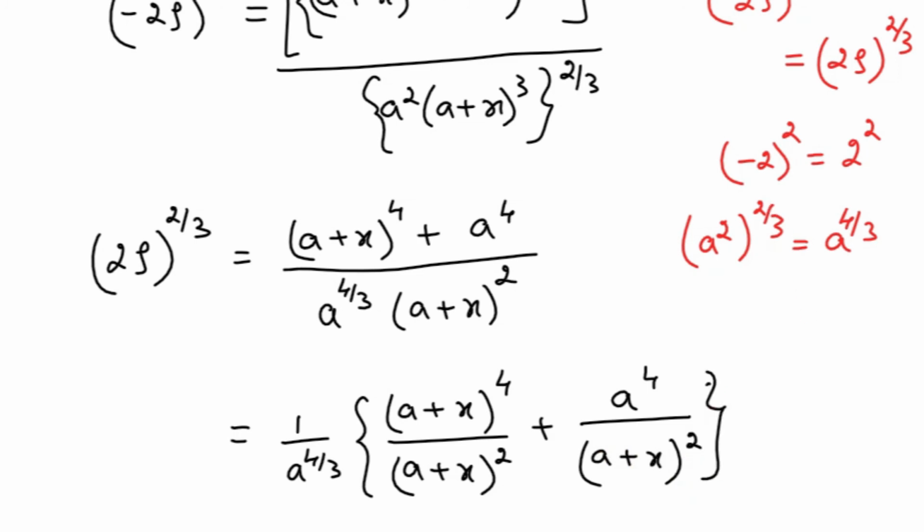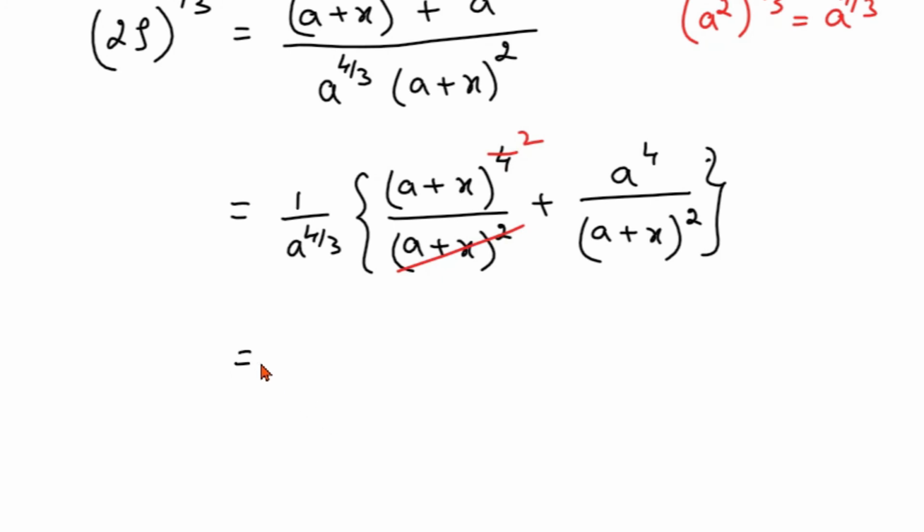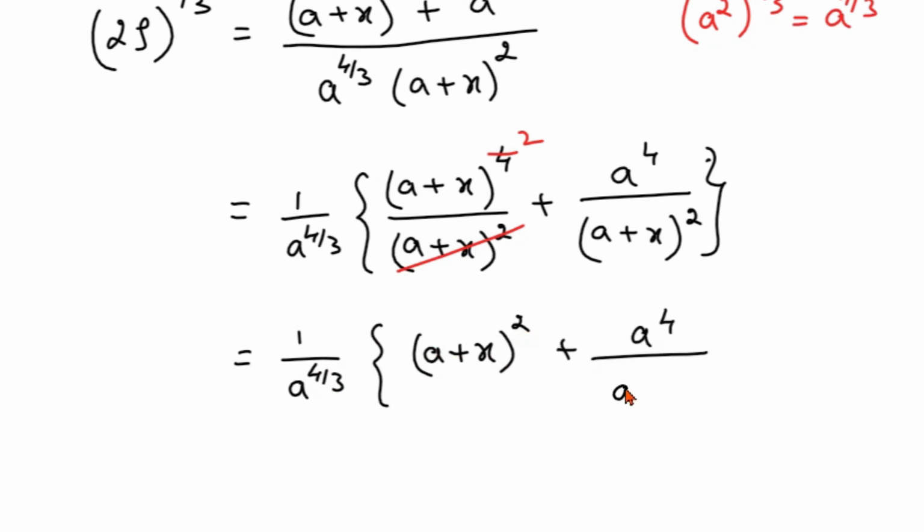You can further see this (a plus x) whole square will cancel out to the power of 4 and becomes power 2. This will be equal to 1 by a power of 4 by 3, (a plus x) whole square plus a power of 4 divided by (a plus x) whole square.